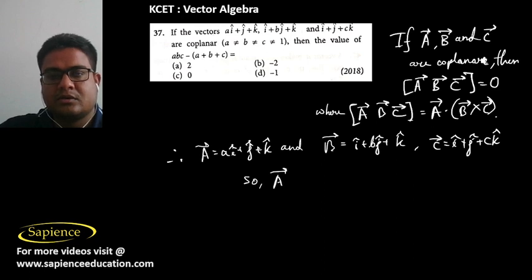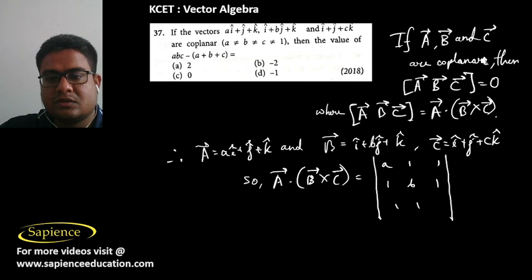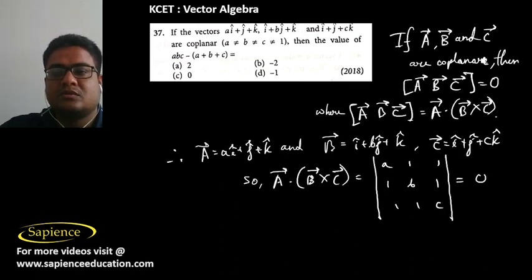So A dot B cross C will be equal to the determinant of the x component, y component and z component of vector A, vector B and vector C. The components of vector A are a, 1, 1, of B they are 1, b, 1, and of C they are 1, 1, c. That should be equal to 0.